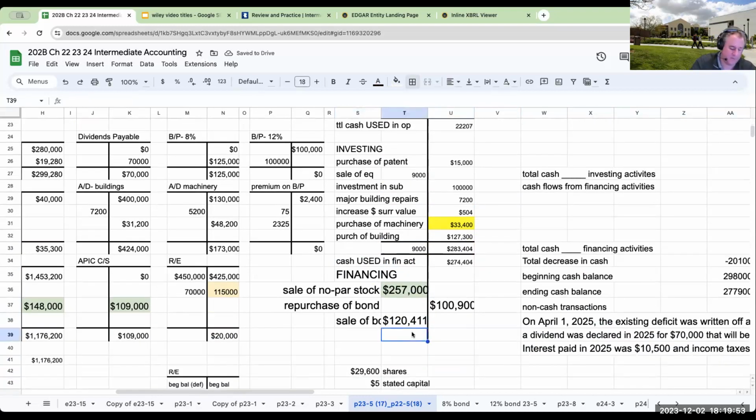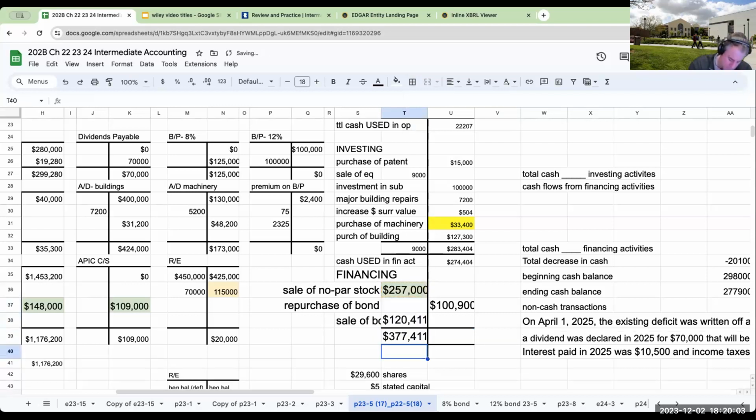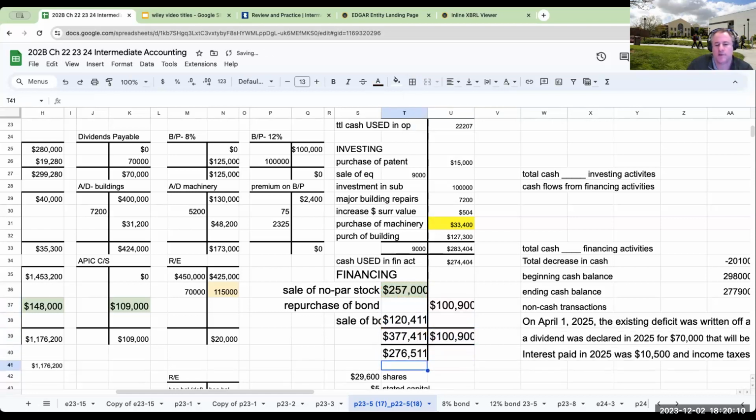And then lastly, in financing, we've got $276,511. This is cash provided by, right? If it's positive, it's provided by; if negative, it's used in.